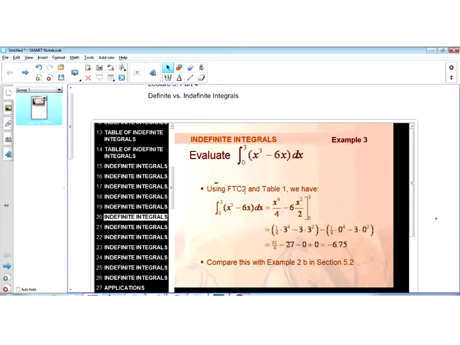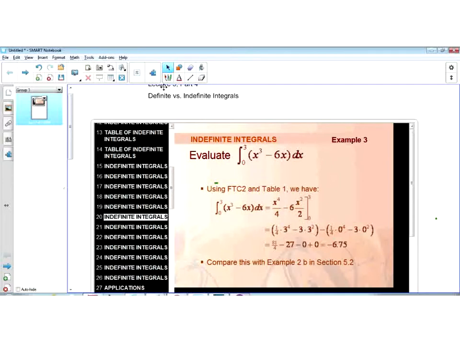Using the fundamental theorem of calculus part 2, we can take the antiderivative of each term in the polynomial. The antiderivative of x cubed, of course, is x to the fourth over 4. The antiderivative of negative 6x is negative 6 times x squared over 2. Then we evaluate the antiderivative from 0 to 3, not being concerned about the integration constants.